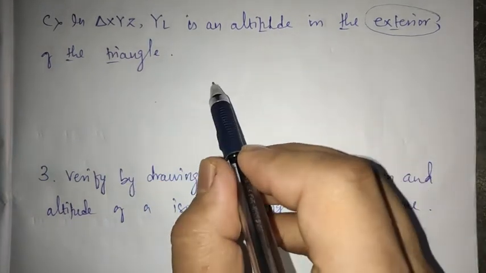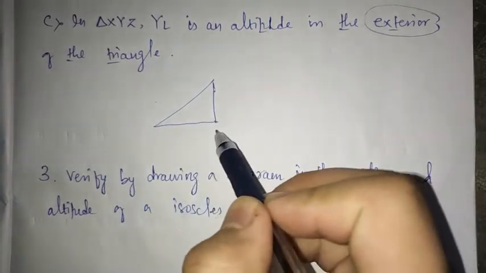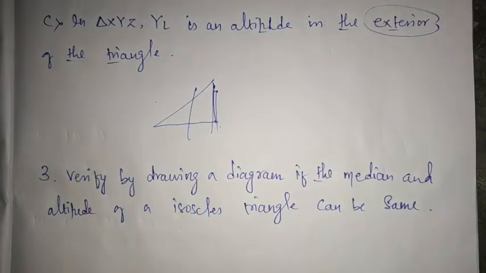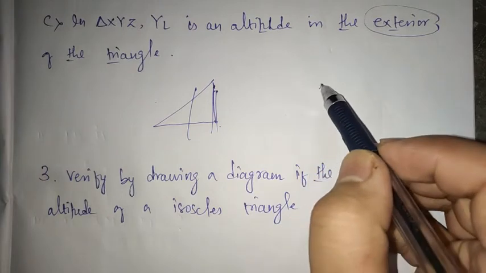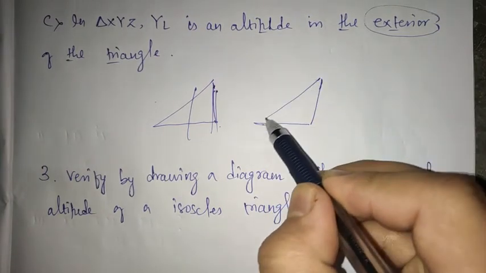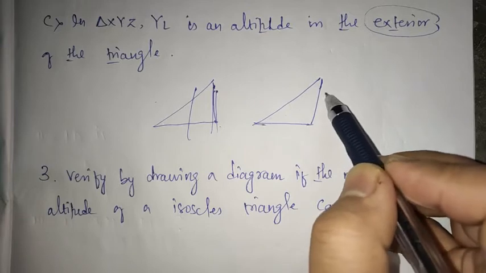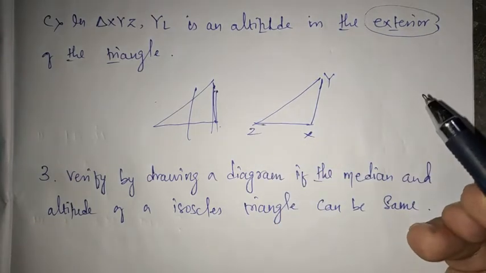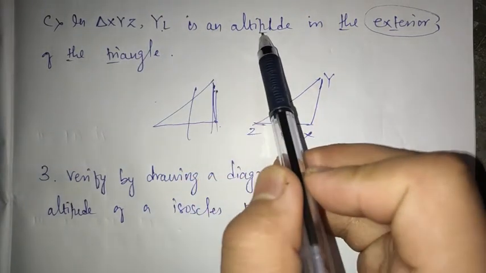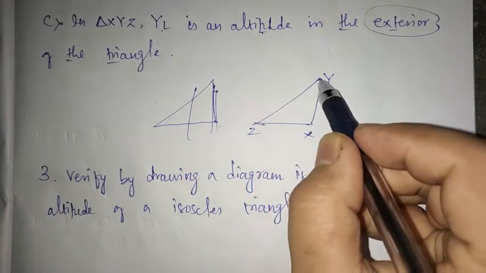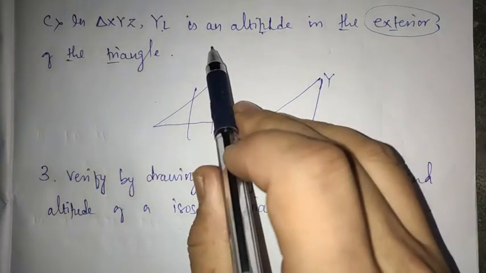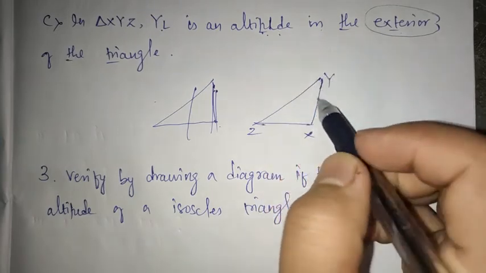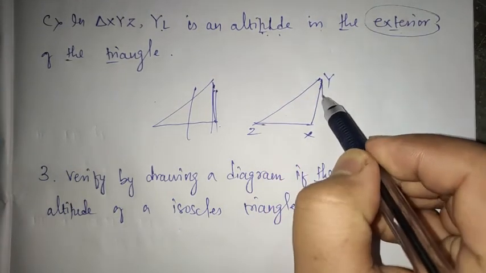Let us make it like this, in which we put the names X, Y, Z, okay, and it is mentioned that YL is an altitude. So you have to make one line segment in which YL is an altitude in the exterior of the triangle. Exterior means outside. So I'm going to put it like this, YL.